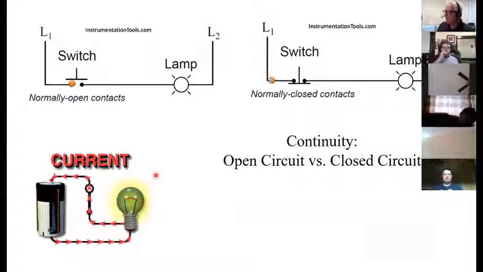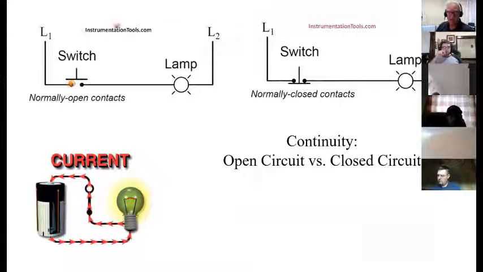We talked about continuity, and we'll talk just a little bit more about that. You can see up here in this example, I've got L1 and L2. This stands for line 1 and line 2. So that would typically mean AC current, probably 120 volts.